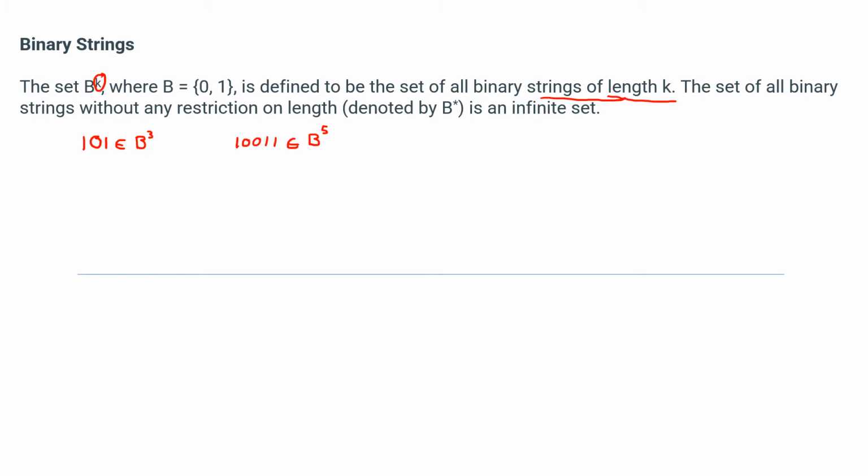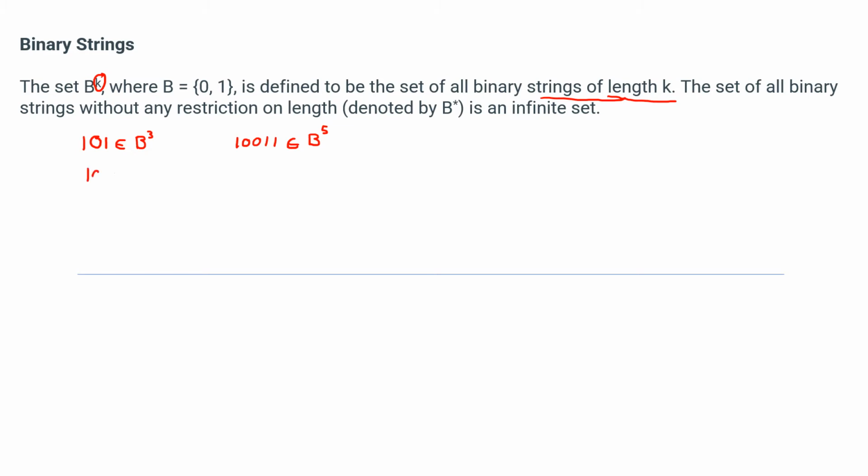But then they say the set of all binary strings without any restriction on length is denoted B star, and that's an infinite set. So B star just represents all of these different B's. So I could say that as long as it's a string of ones and zeros, it's in B star. We just don't care what size it is.